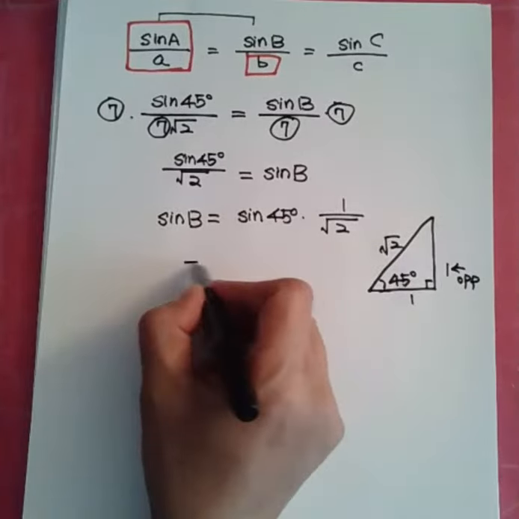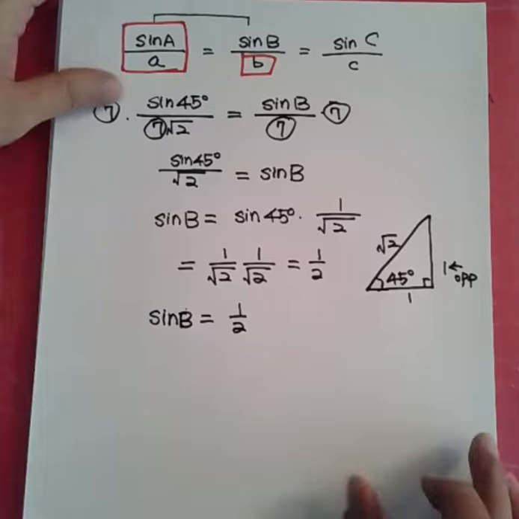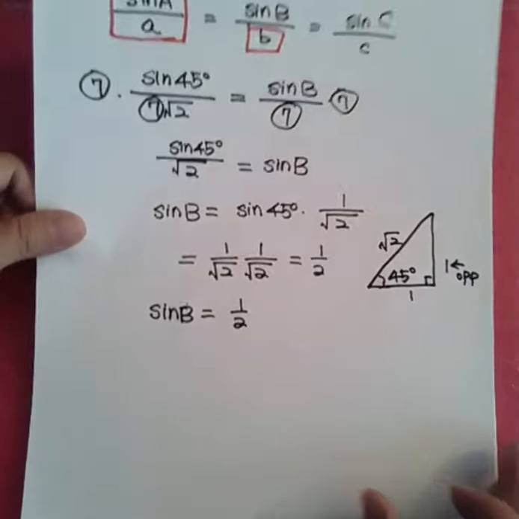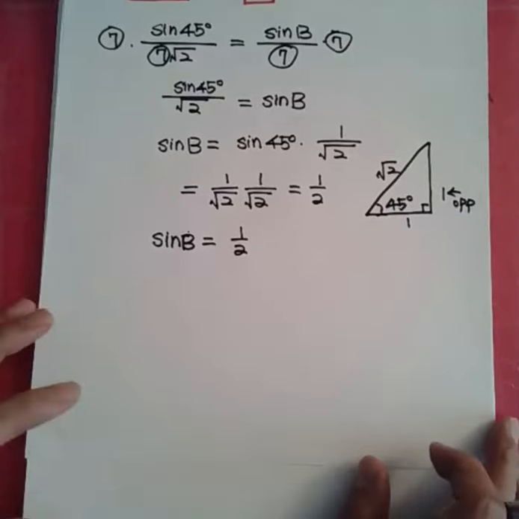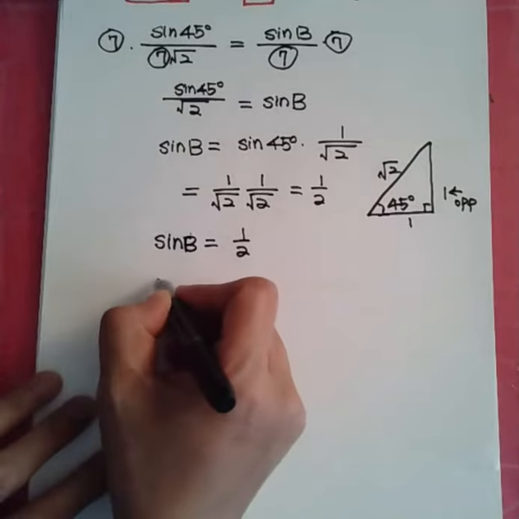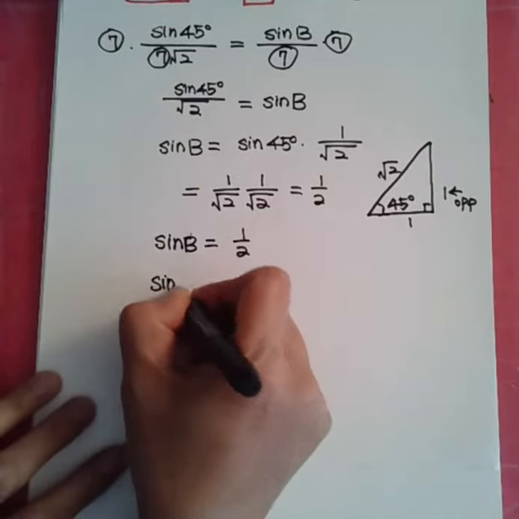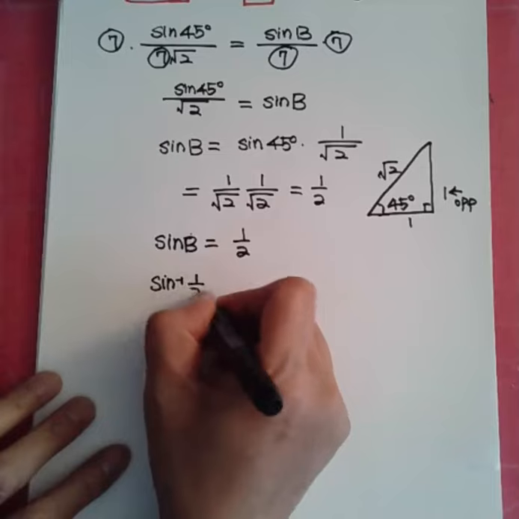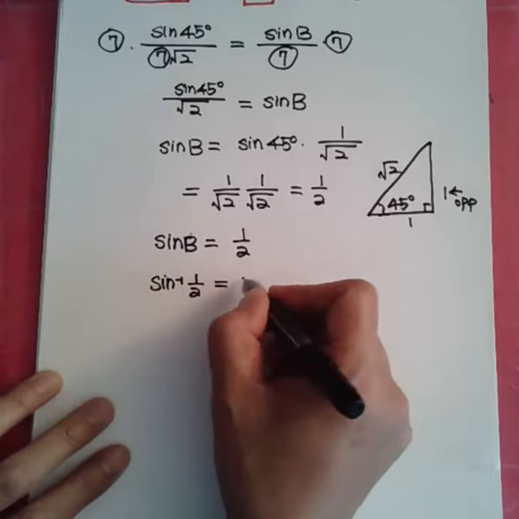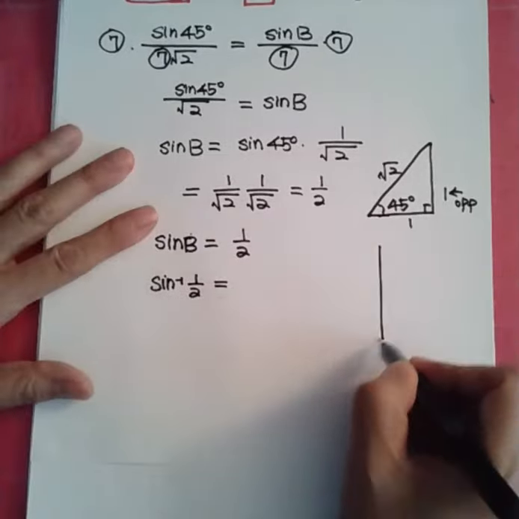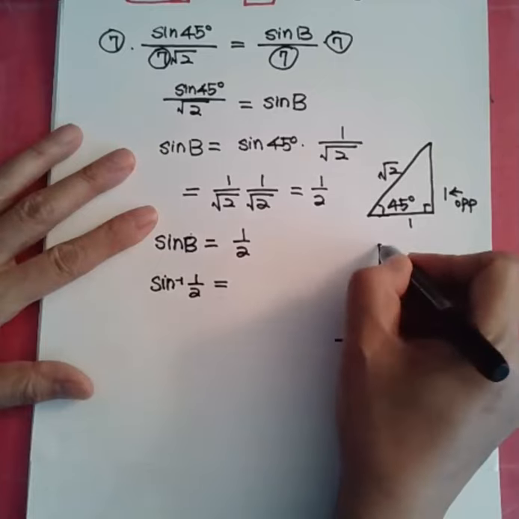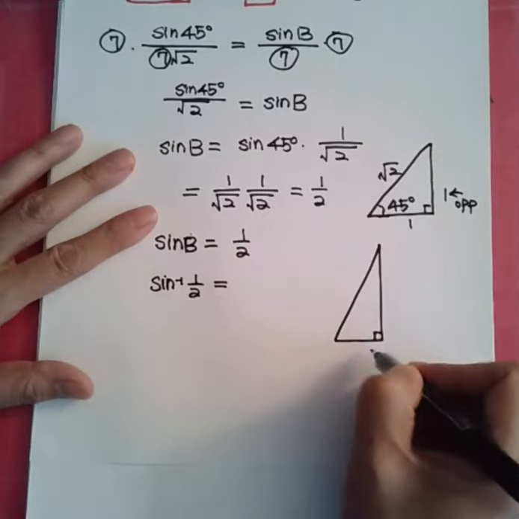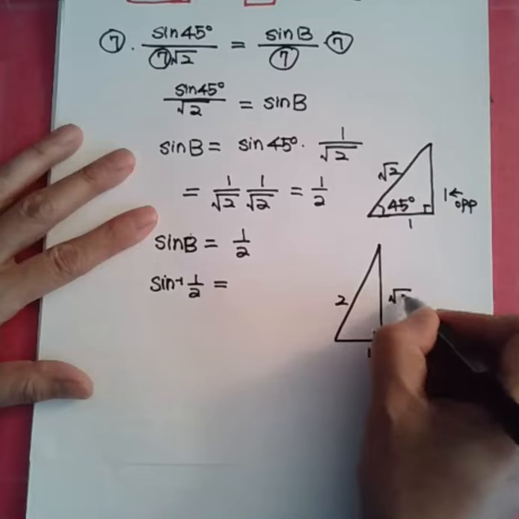It's a little bit different from thinking about the inverse sine function, but we will think about the inverse sine function first. Sine inverse of 1/2 equals, we know that is 30 degrees. 1, 2, square root of 3.